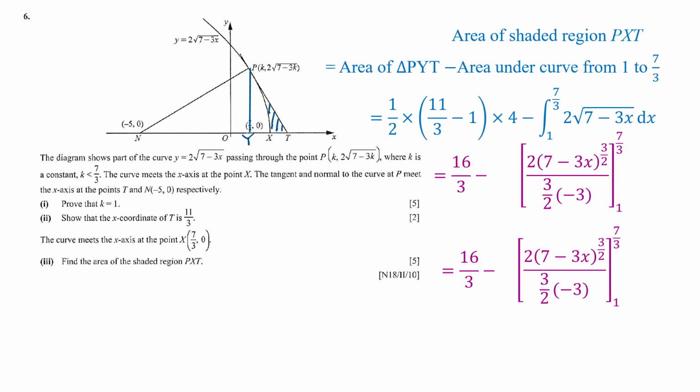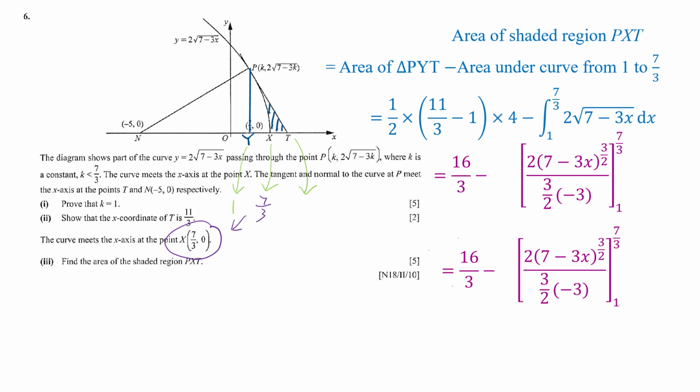All right, so the x coordinate for point Y will be 1. The x coordinate for point X is 7/3, as you're told here.